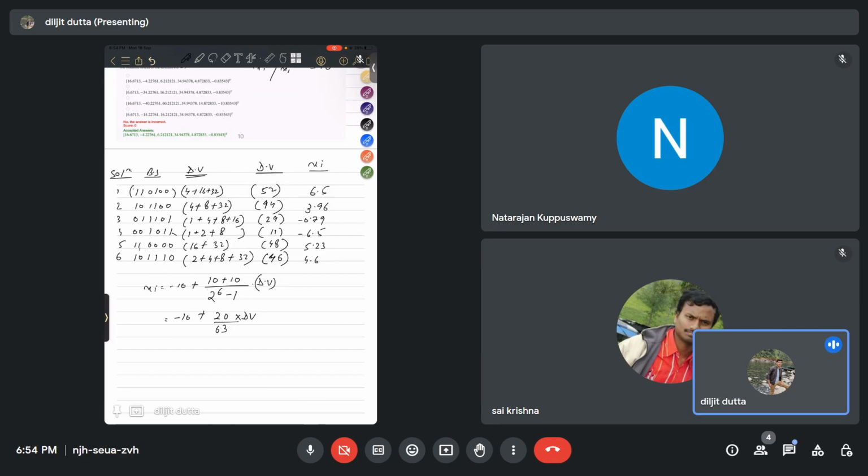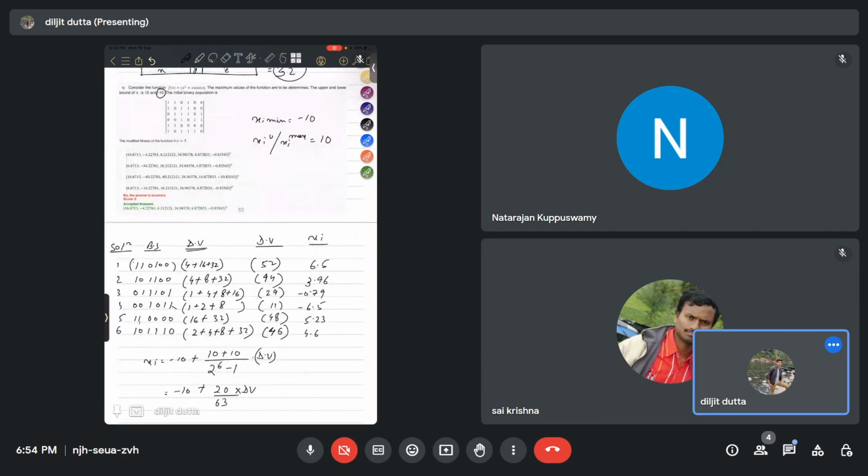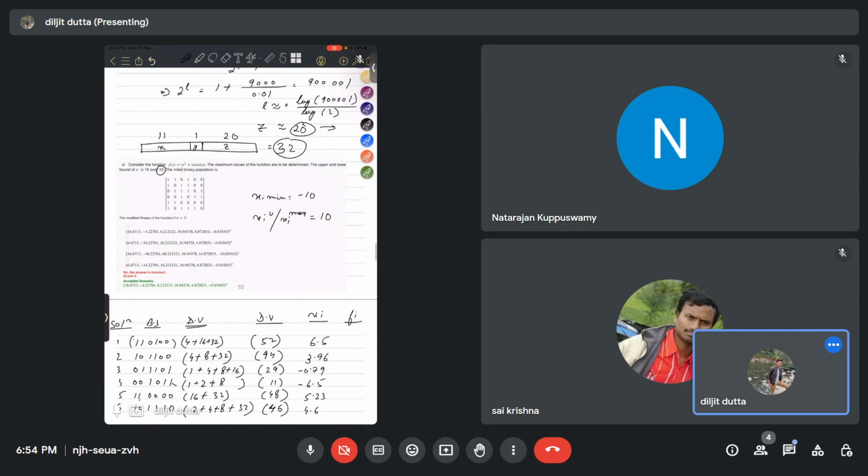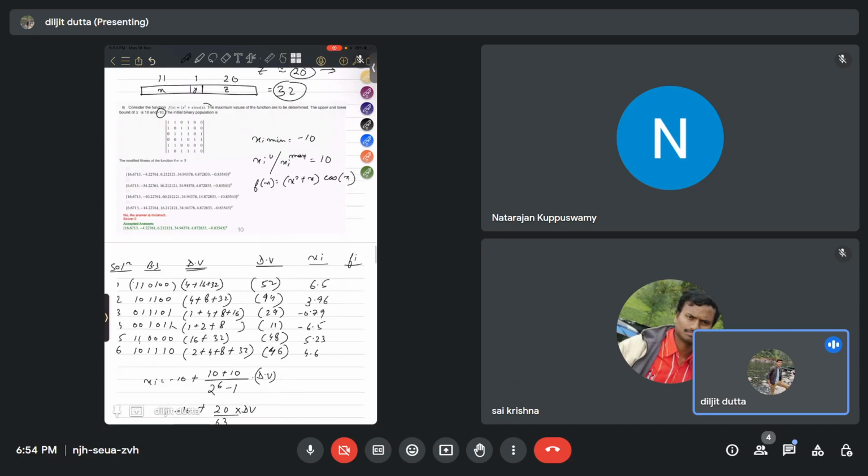Now we will get the fitness value. How do we define the fitness? Fitness is obtained by substituting xi in this formula: x square plus x into cos of x. So we will substitute this xi value in this formula.